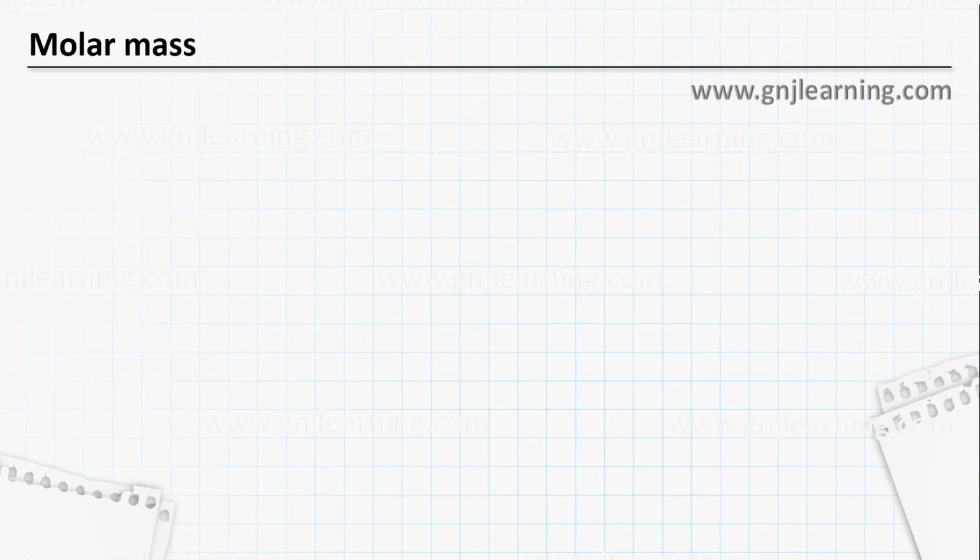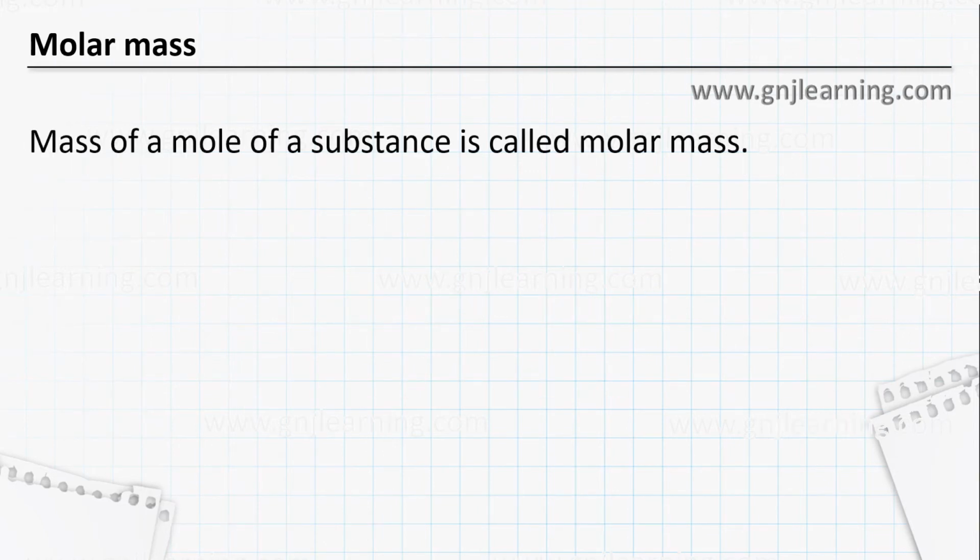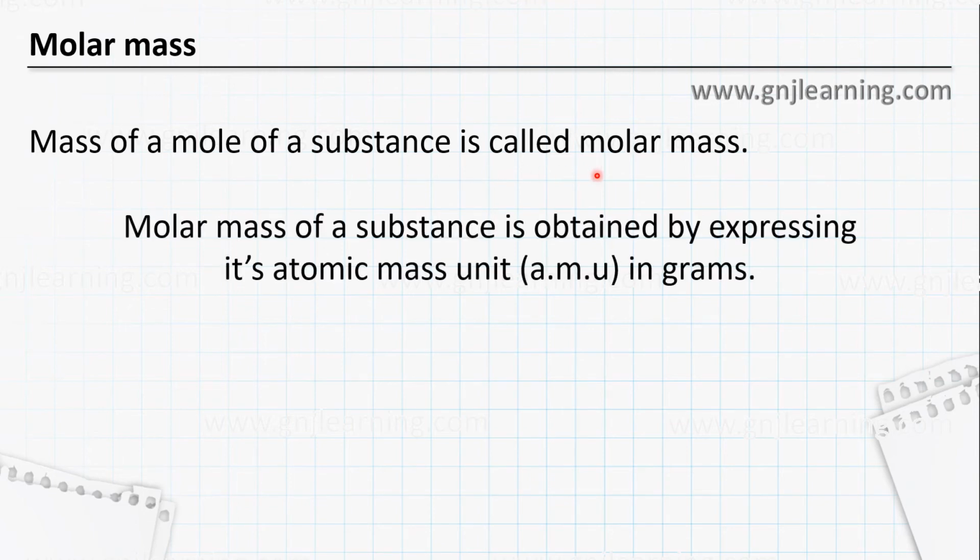Next, we have seen molar mass. What is molar mass? Mass of a mole of a substance is called molar mass. Clear? How is it obtained? By expressing its atomic mass unit in grams. For every substance, it will have its atomic mass unit, that is the mass of an atom or a molecule.